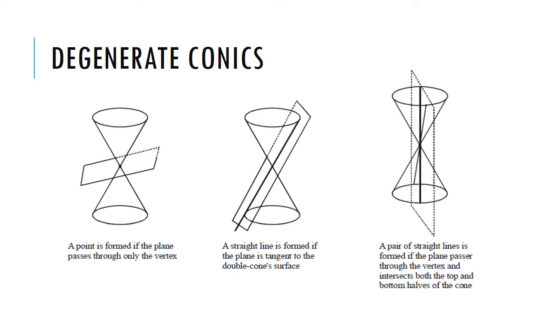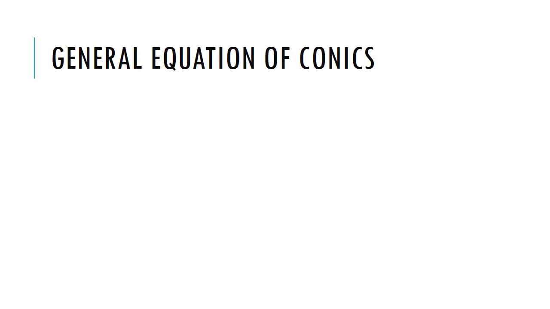If we are going to draw these conic sections, including the degenerate conics, in a rectangular coordinate system, we determine the equations of these conic sections that may define the conic sections themselves.